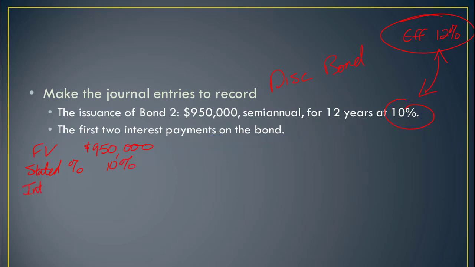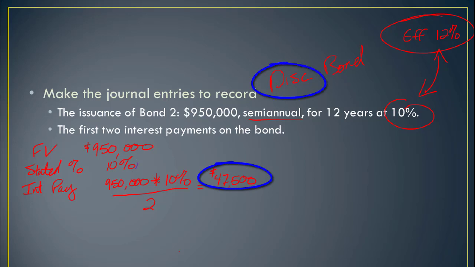Our interest payment will be the $950,000 times the 10% divided by the number of payments per year. This is a semi-annual bond, which means I'm going to make 2 payments each year. So I'll divide by 2. So each payment is going to come out to $47,500.